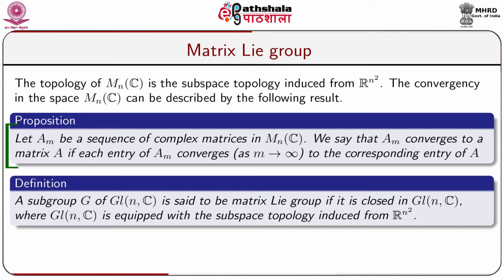That means a sequence of matrices converges to a matrix if all the corresponding elements converge to the corresponding elements of the matrix in question.